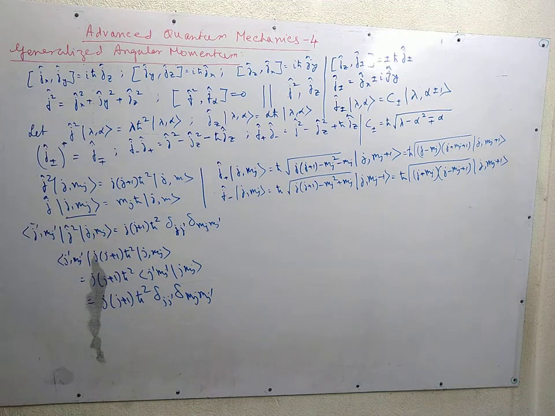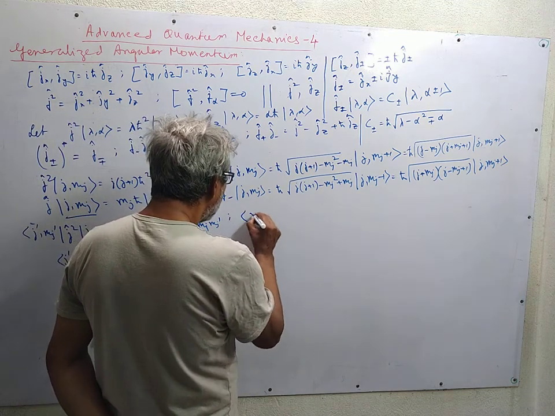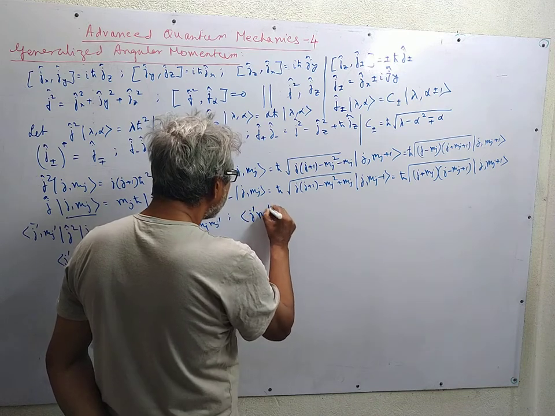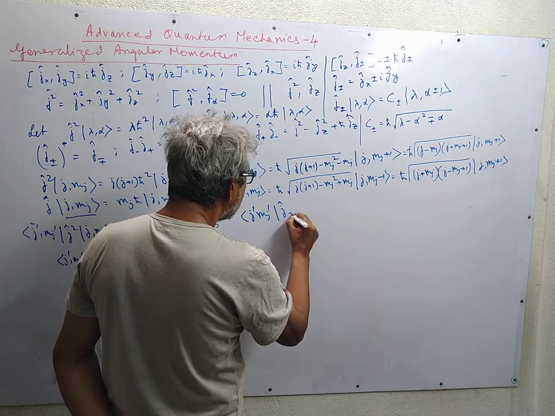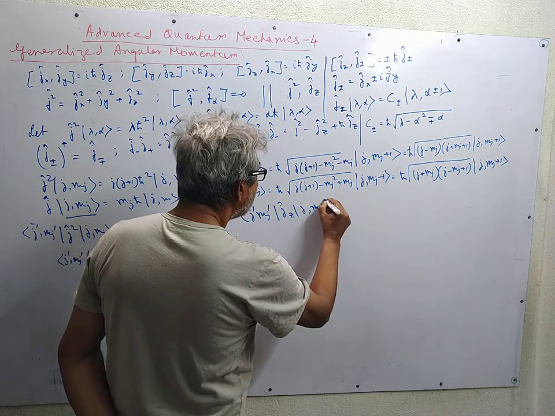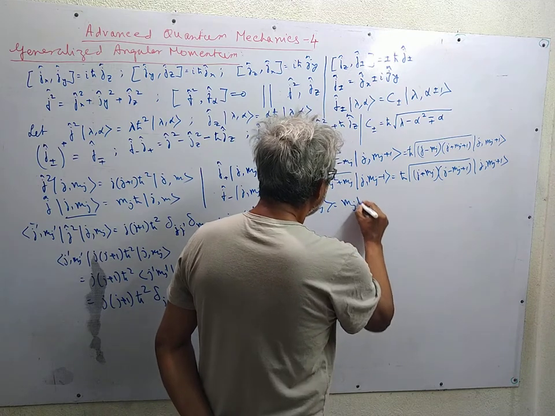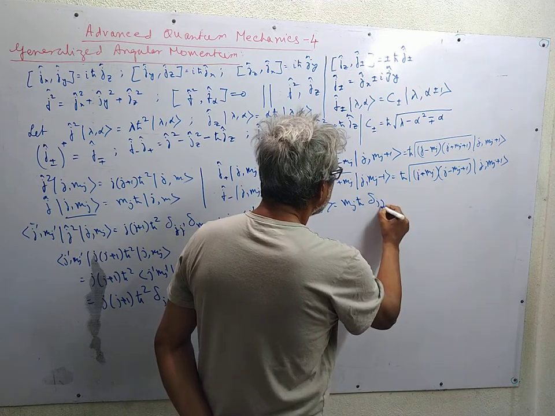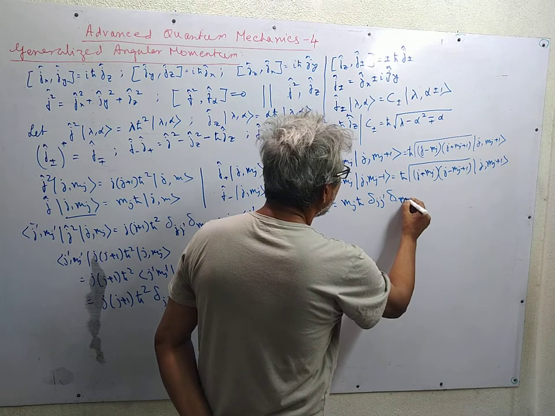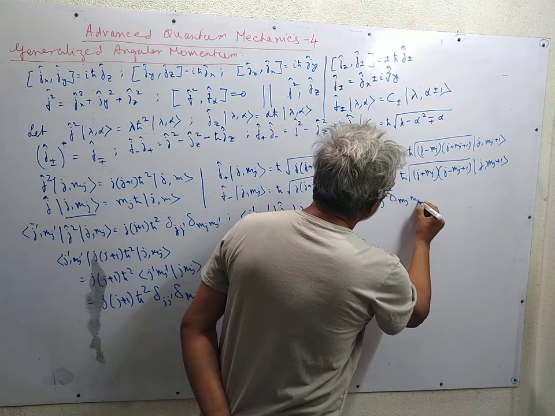This is the matrix element. So that is to say only the diagonal elements will be there. Similarly, <j' mj'| Jz |j mj> is equal to mj ħ delta jj' delta mj mj'.